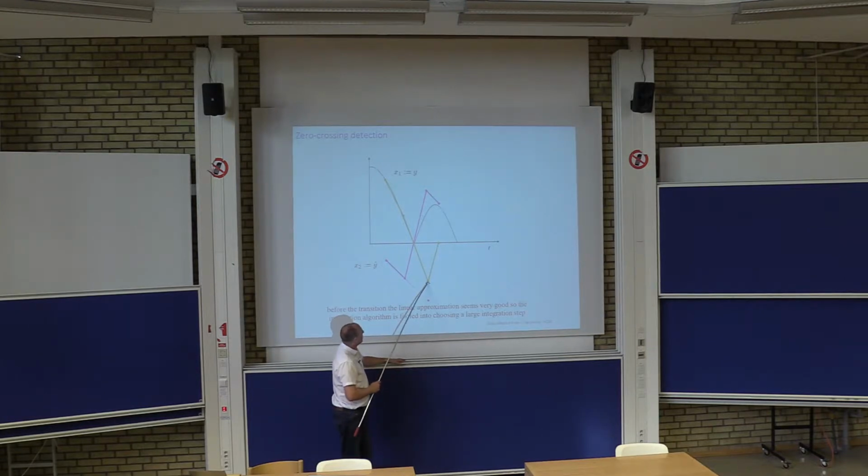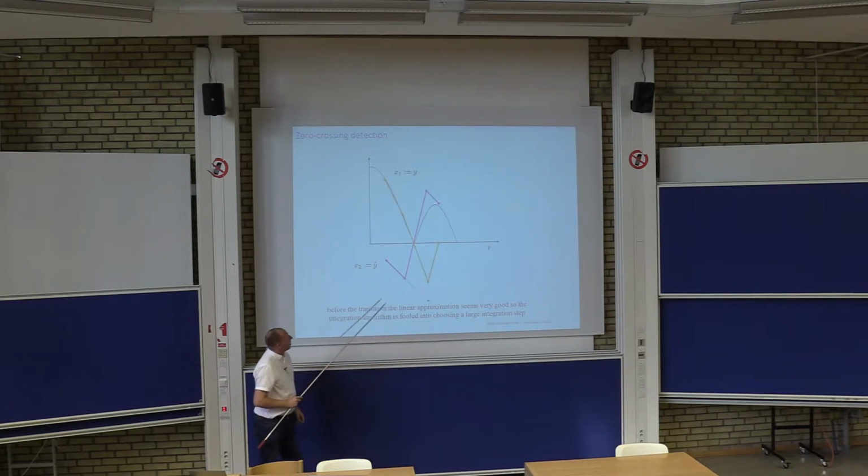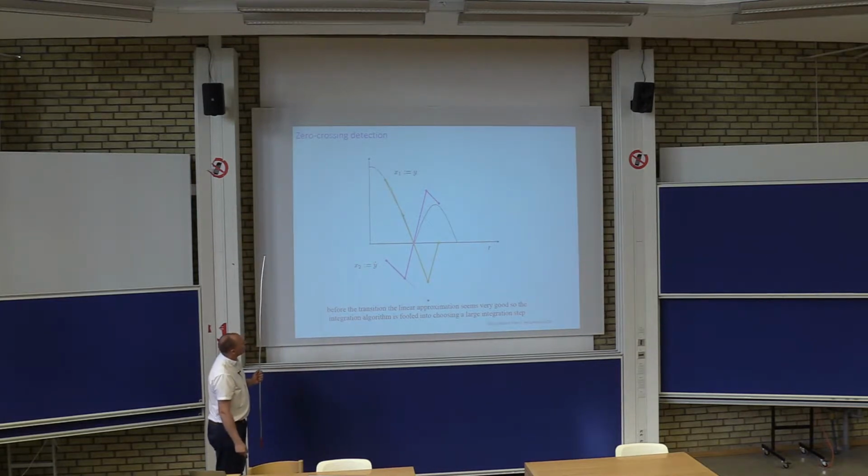Because we basically need to figure out that it was at this point in time that this condition for switching state happened. So if you're not really careful in the simulation, we might have examples where we see that the ball will bounce through the floor. In this example, it's obvious that there is something wrong with the model.